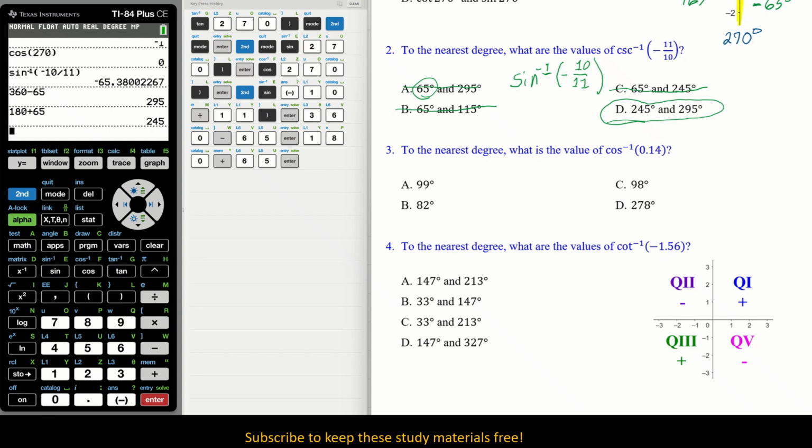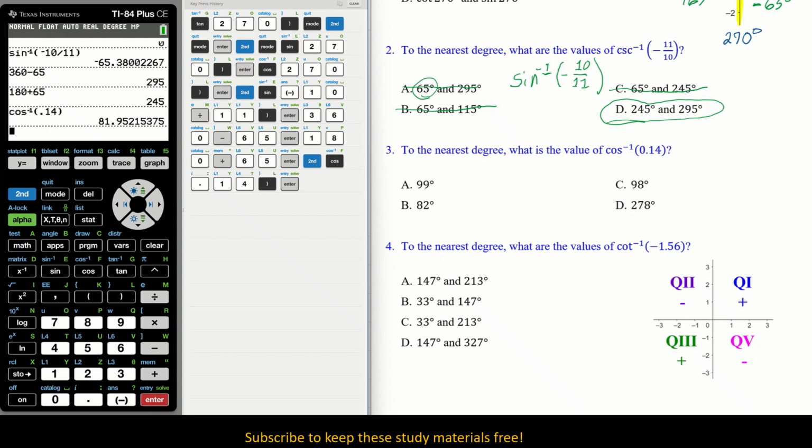My thing for our videos is you need to know what to do with your calculator. Okay, so we go second cosine, and that gets us our inverse, okay? And we need 0.14, close parentheses, enter, and that gets us a degree. It says to the nearest degree, so that gives us B, 82, which is correct.